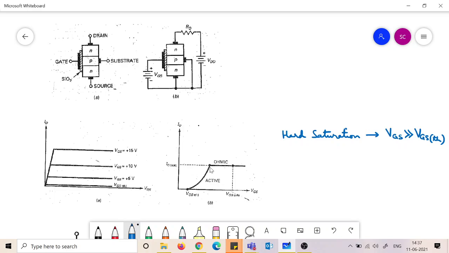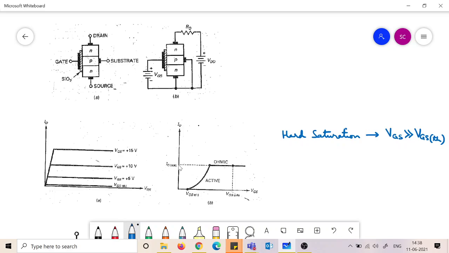Now after a certain value of this positive voltage, what happens is that there is no more enhancement of the channel. No further enhancement of the channel happens, and after that this channel is simply acting as a constant current source.